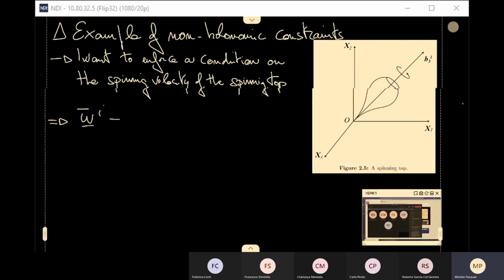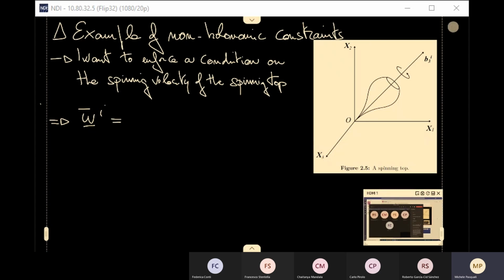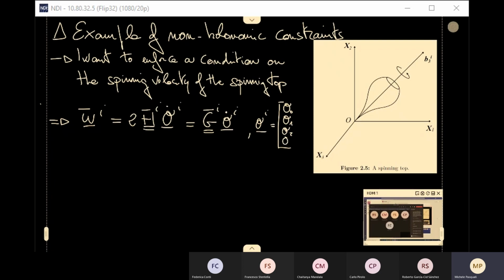And we saw that if I use Euler's parameters, this can be written in the following way: 2 H I times theta dot I, which could also be written as G over bar I applied over theta dot I, where theta dot is the vector theta I, which is 0, 1, 2, and 3 I, for Euler's parameters.